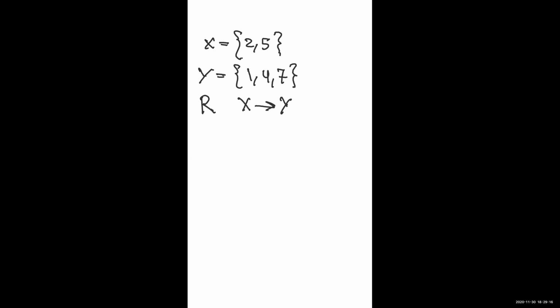If X equals the set of 2 and 5 and Y equals the set of 1 and 4 and 7, and R is the relation from X to Y, where a R b means a is smaller than b.